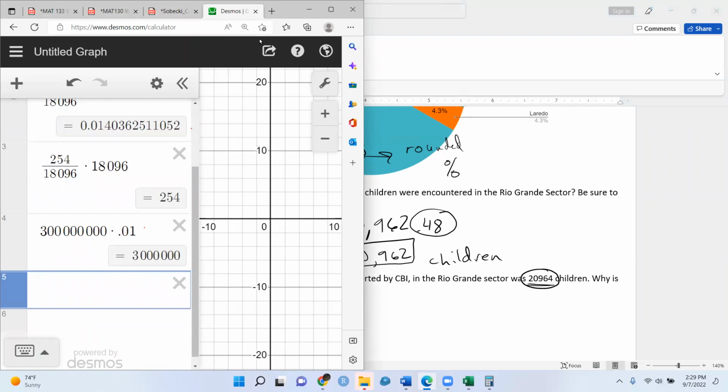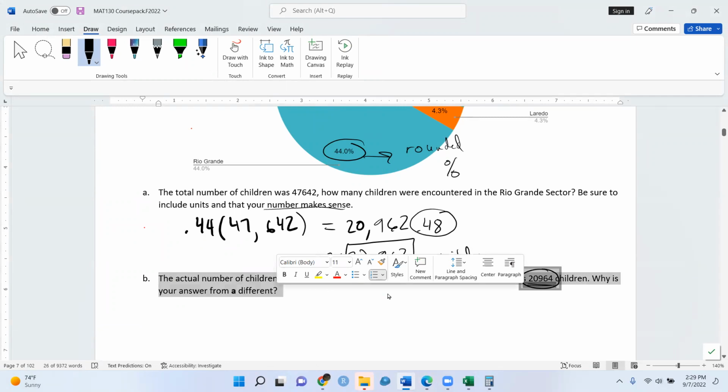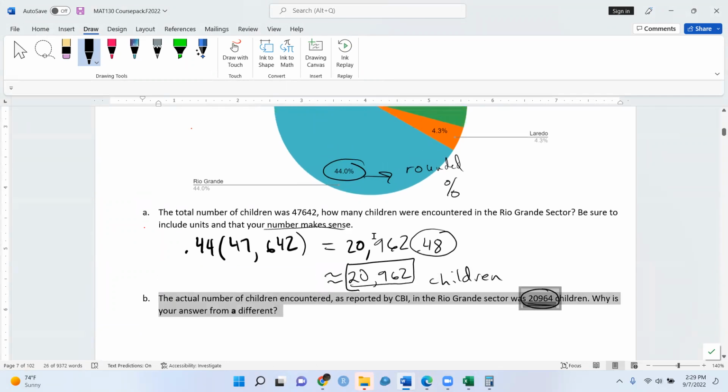That's a ton of people voting for that person relative to everyone that voted. That's only 1%. So what I'm trying to get you to think about here in question B, and just in general, is that when we work with percentages, rounding percentages can have really big effects on things. So we have to be careful.